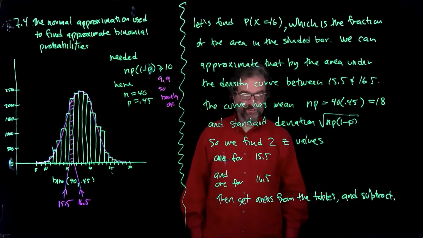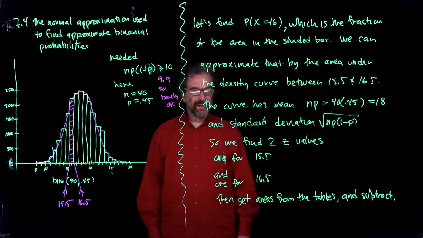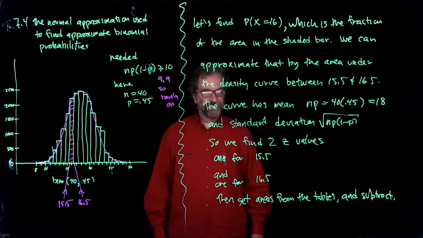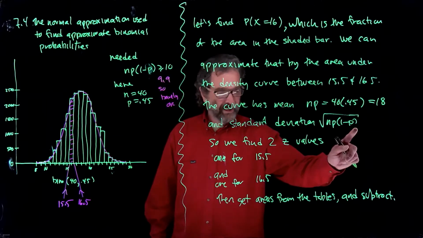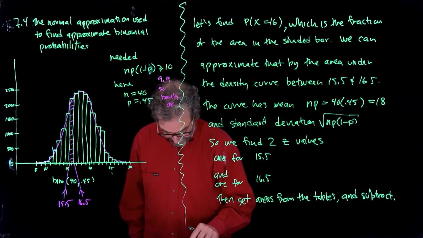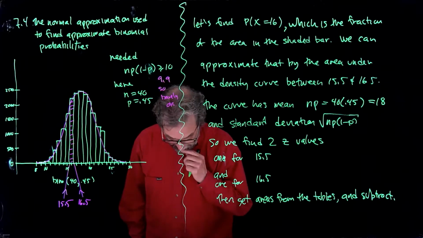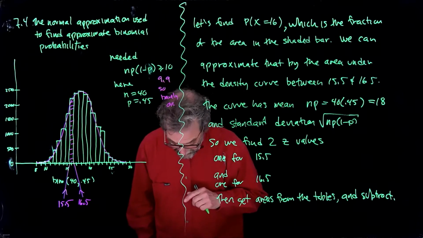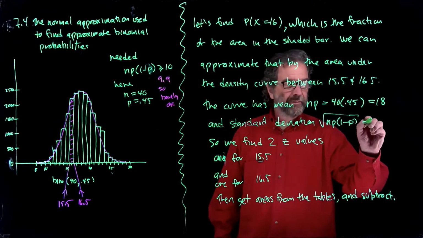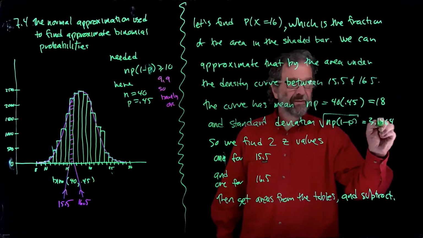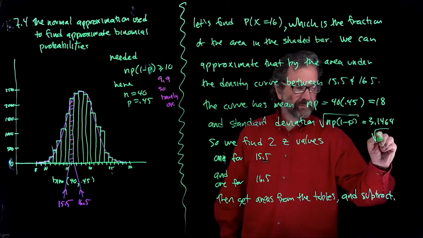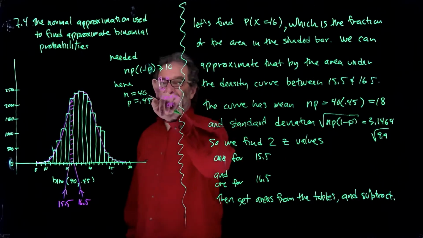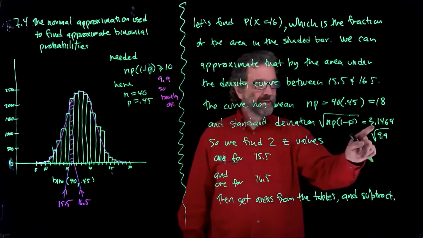And the standard deviation: 40 times 0.45 times 0.55, and take the square root. That's 3.1464, which is the square root of 9.9, because NP times 1 minus P is 9.9, and the standard deviation is the square root of that, so that's okay.